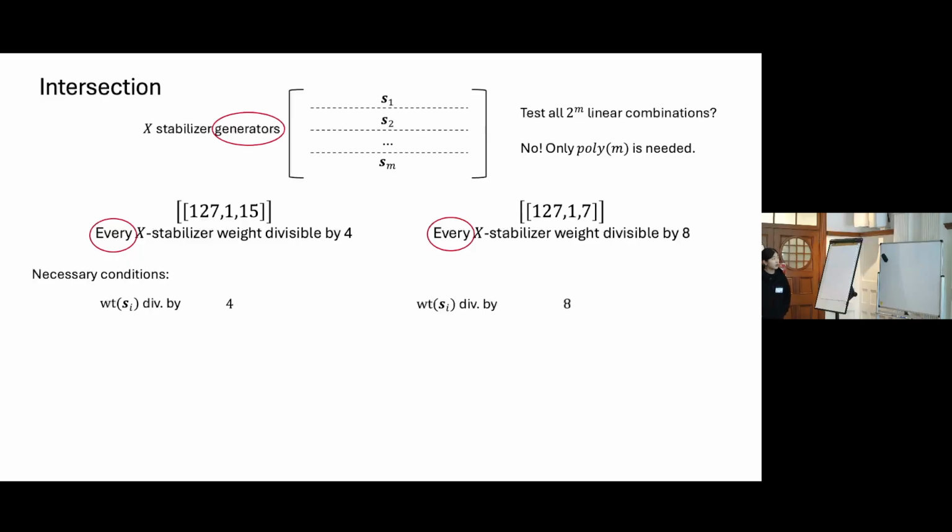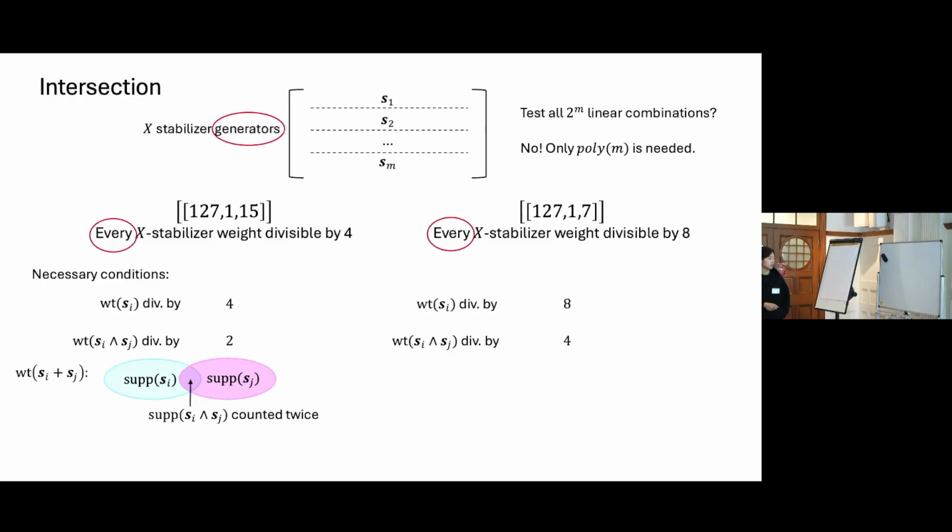So let me first write down the necessary conditions for every X stabilizer weight to satisfy this property. First of all, each row is an X stabilizer, so they need to satisfy this property itself. And then if you consider the double intersection, it needs to satisfy this. This is because if you combine Si and Sj, you take the XOR of these two vectors and count the support, you will see that the double intersection support was counted twice.